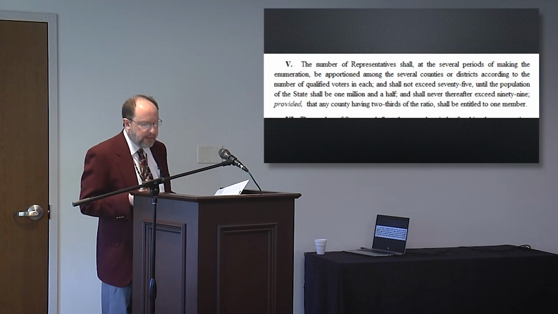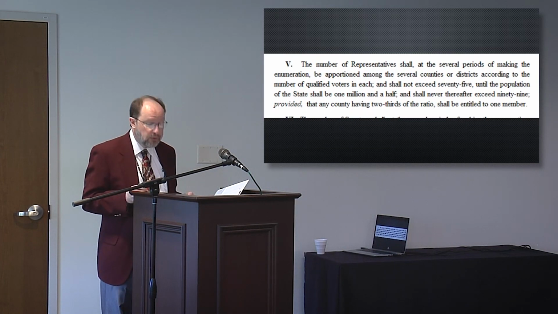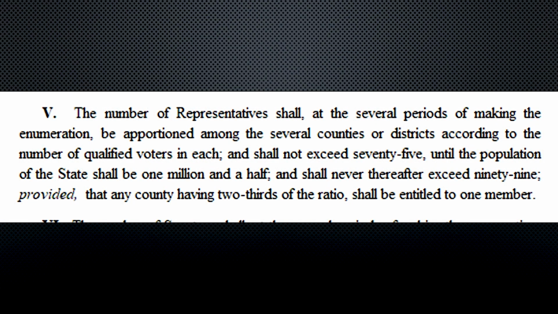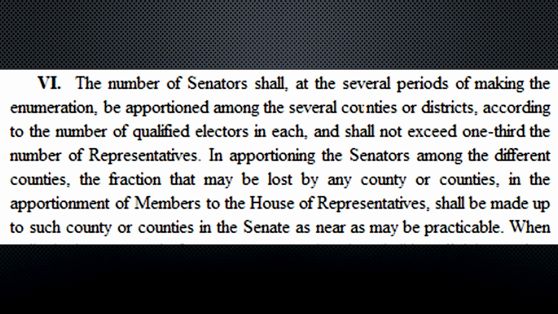That Constitution of 1835, again, let the General Assembly set the number of members, but now limited the number of representatives to 75 until the population of the state reached 1.5 million, and then limited that number to 99 representatives, and set the number of senators to no more than 1/3 the number of representatives.